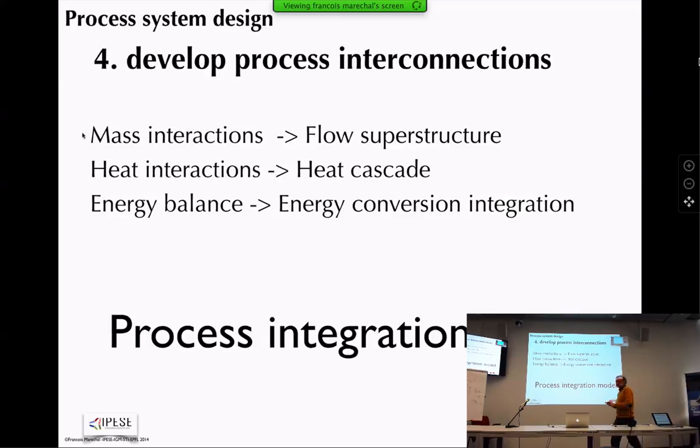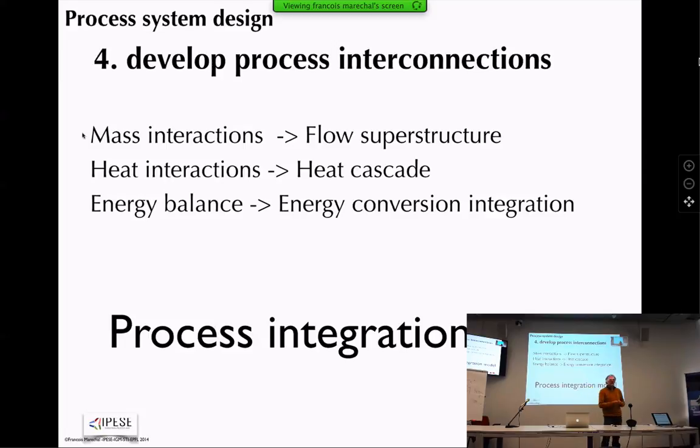So the goal of the models is to be able to represent the conversion and to represent the interfaces that each process unit operation is going to present to all the other process unit operations.